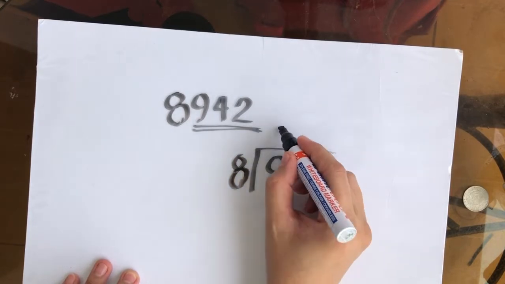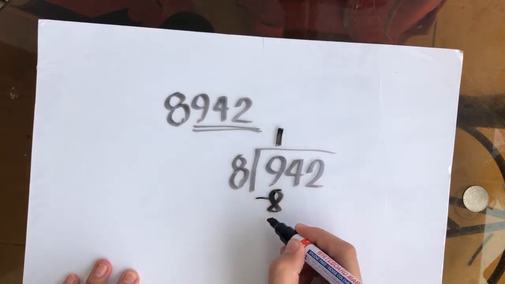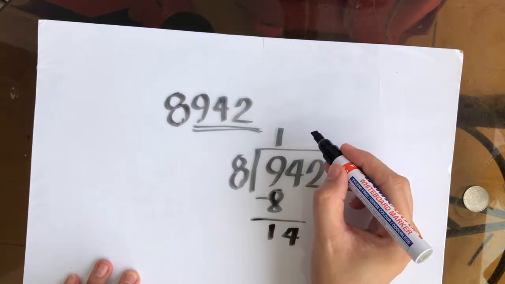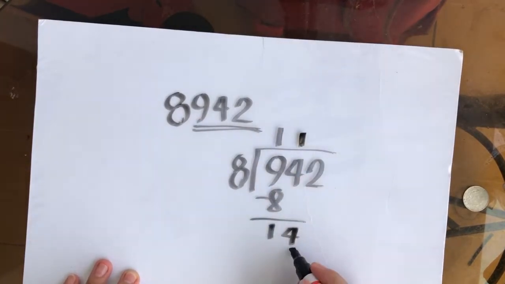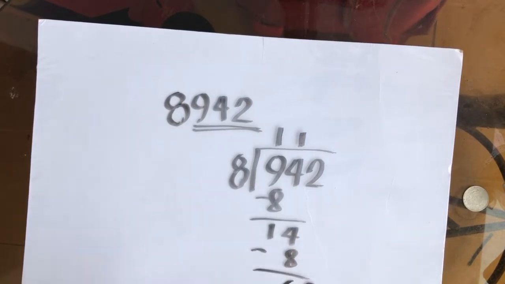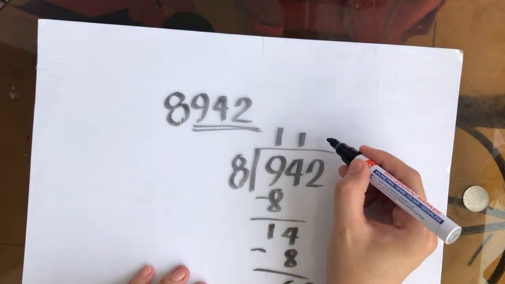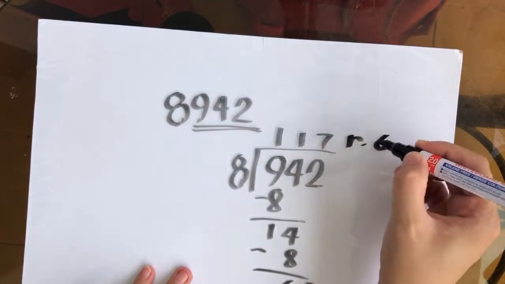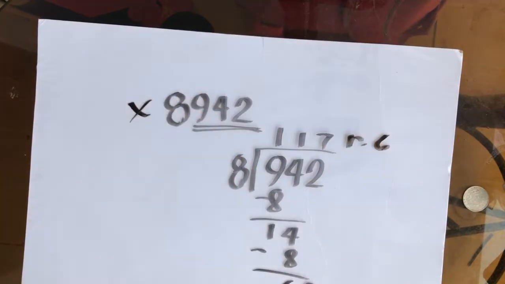So, we have here 1, and then 8, 14. We have here another 1, 8, 62. Okay. So, yan ay 7, 56. Meron pa rin remainder na 6. So, 117 remainder 6. So, hindi pa din siya divisible by 8.